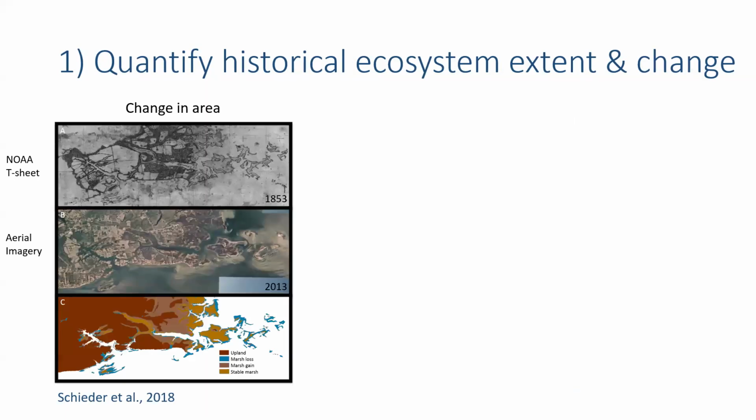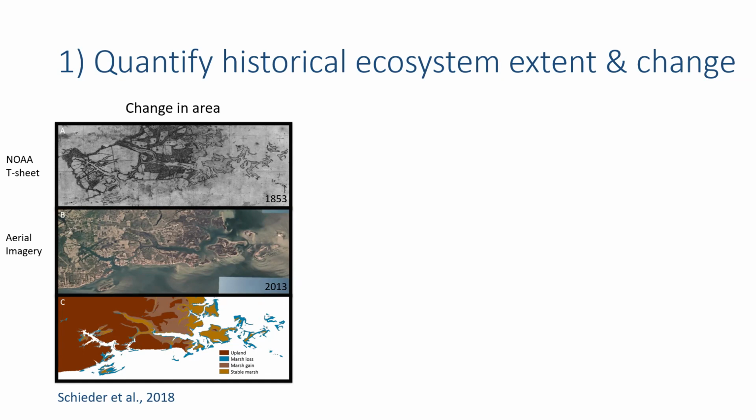So in this study, the authors looked at historical images and historical maps. In this top panel, we see a NOAA T-sheet from 1853. In the middle box, we see an aerial image from 2013.